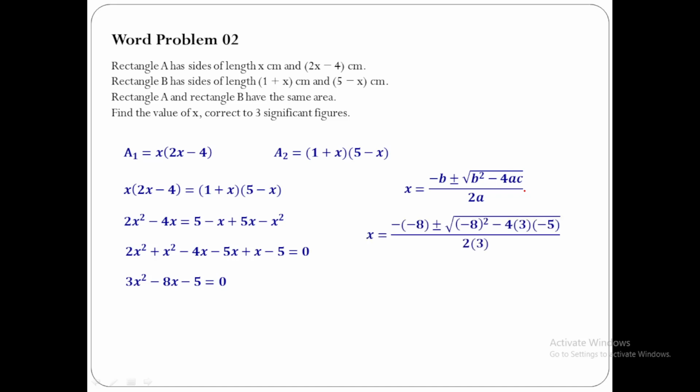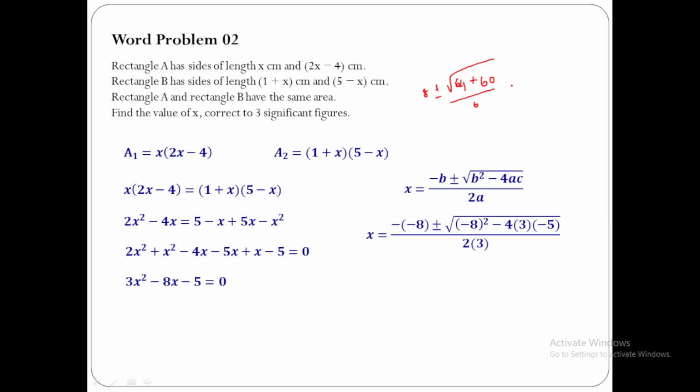Shall we find the value inside the square root? 8 times 8 is 64, 4 times 3 is 12, 12 times minus 5 is minus 60. So 64 minus of minus 60 gives plus 60, over 6.